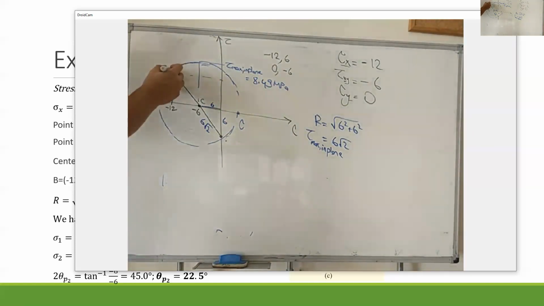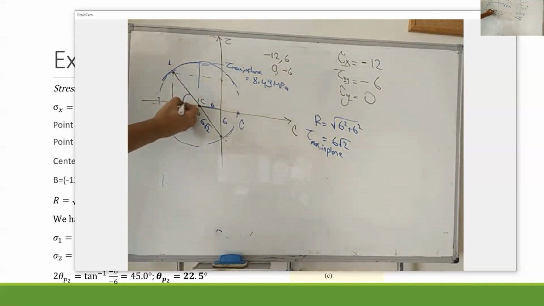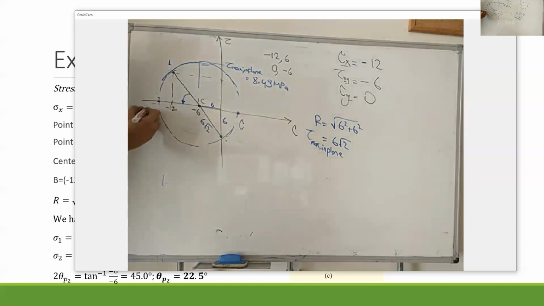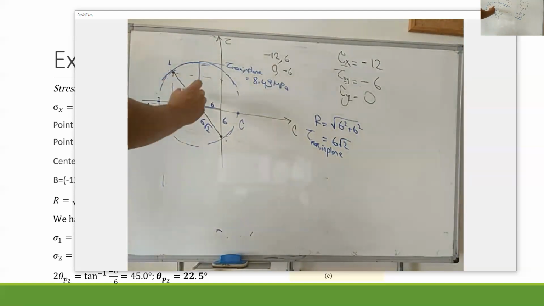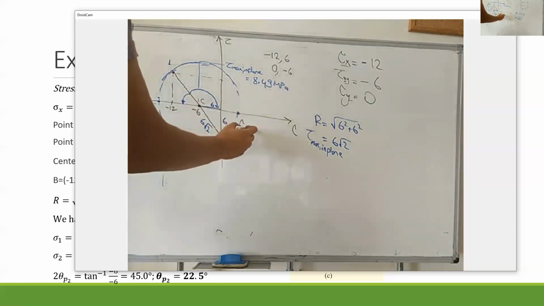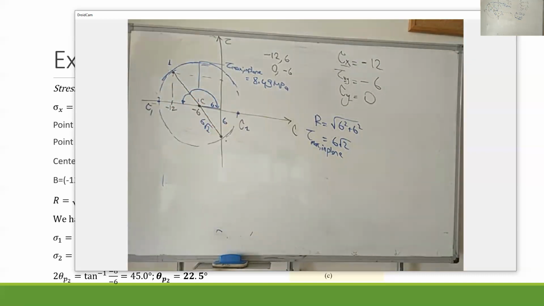So this is the first point. If you consider the orientation of the principal axis from this angle, I can define this point as sigma 1. If you want the orientation angle like this, I can write this point as sigma 1.